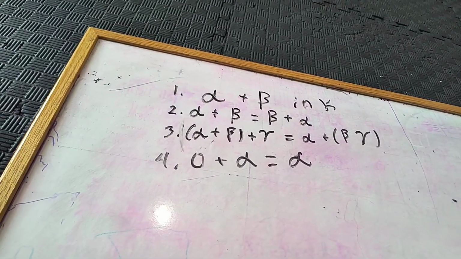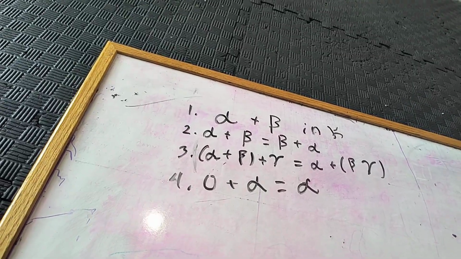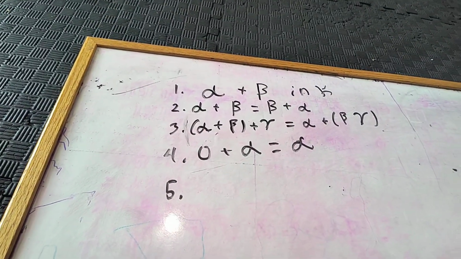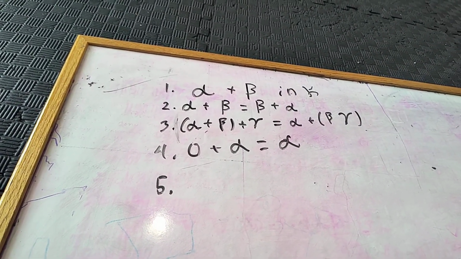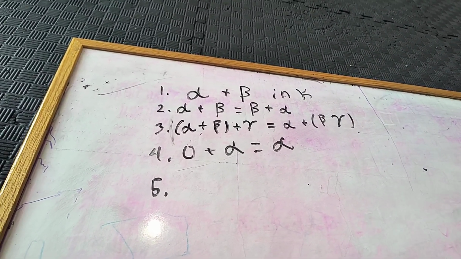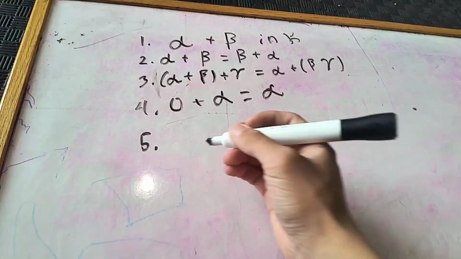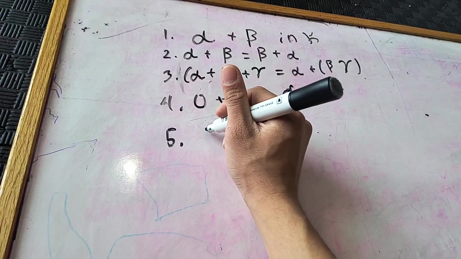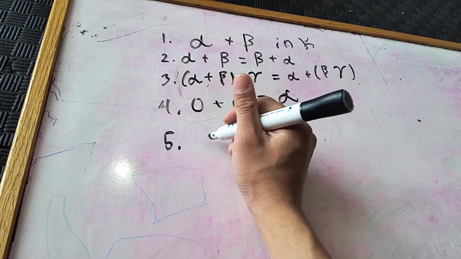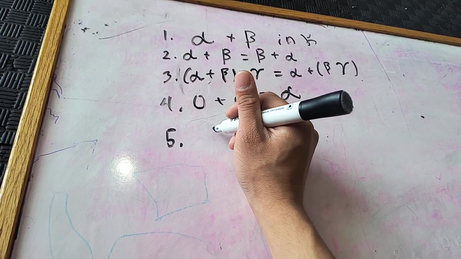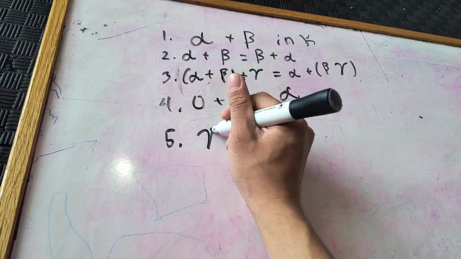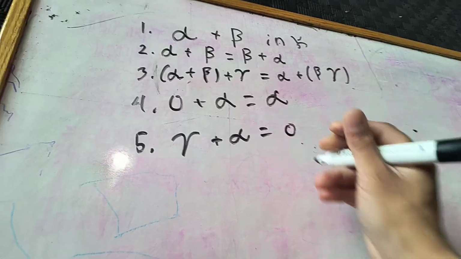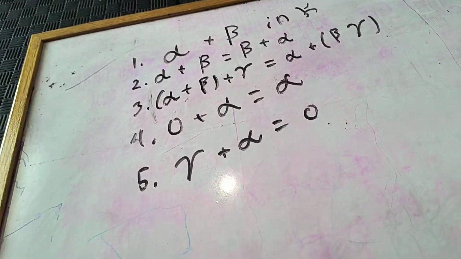And the next addition rule is that for every alpha in K, there exists a negative element, gamma, in K, such that gamma plus alpha is equal to 0. So there has to be a negative version of alpha.